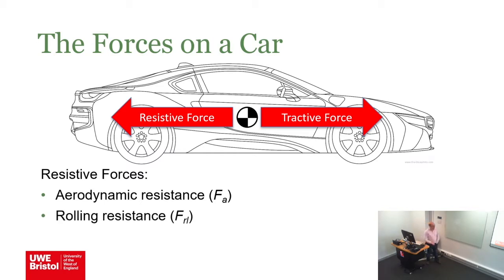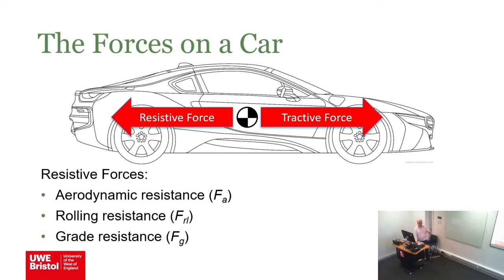The other one is rolling resistance, which comes from the tyres generally, that resists the rolling of the tyres. And then there's also going up or down a hill, that's going to be a resistive force as well. If you're going uphill, there's going to be a component of the weight that's pointing down the hill that the car has to overcome as well. So those are the resistive forces.